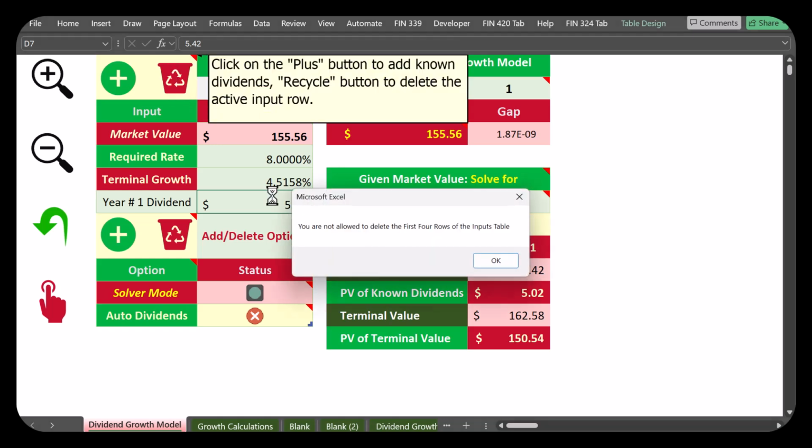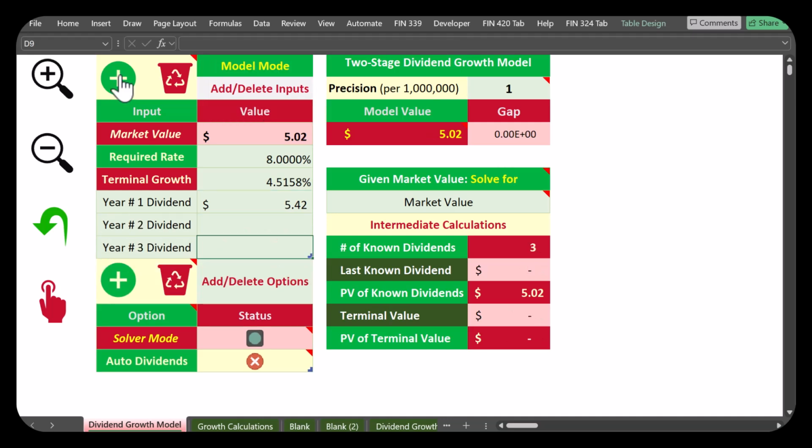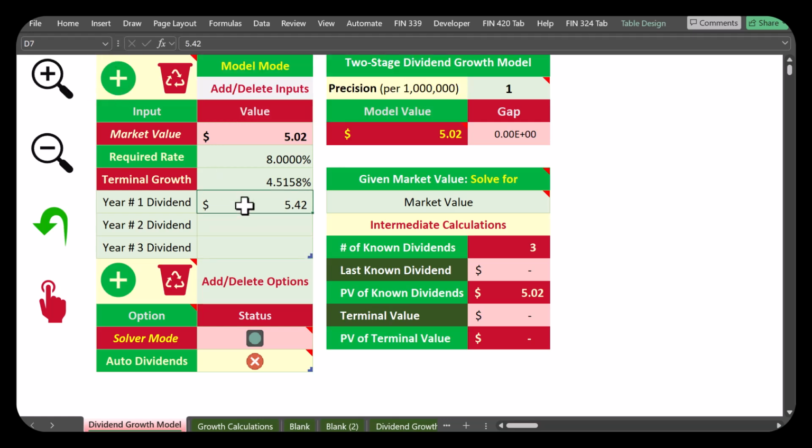You're not allowed to delete the first rows, but I know three dividends, so I'm going to add. It automatically inserts year two dividend, year three dividend. So just enter those numbers, 10, 15, 20. My required return is 8, terminal growth is 5. What do you know? You got exactly the same number, right?